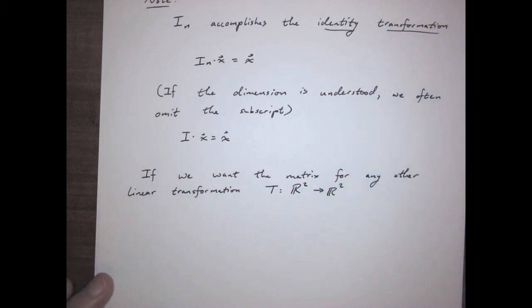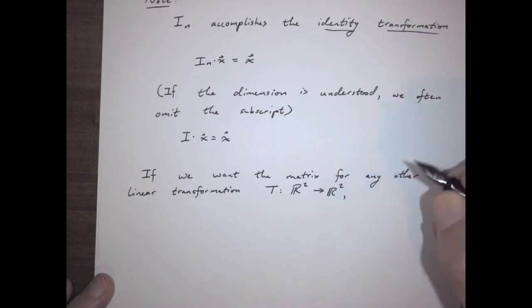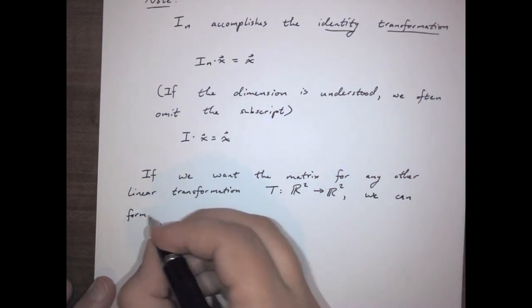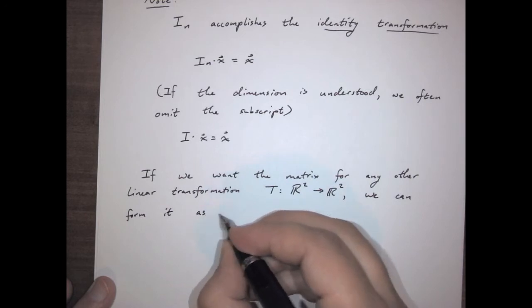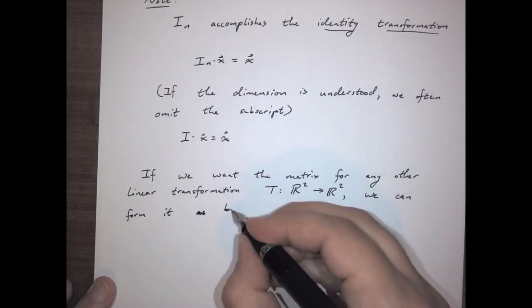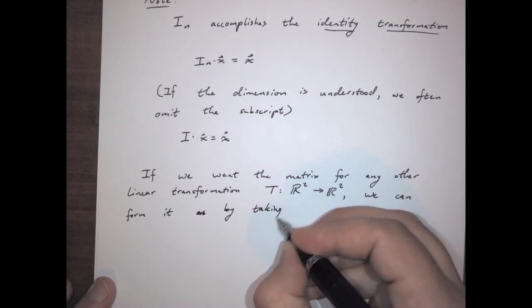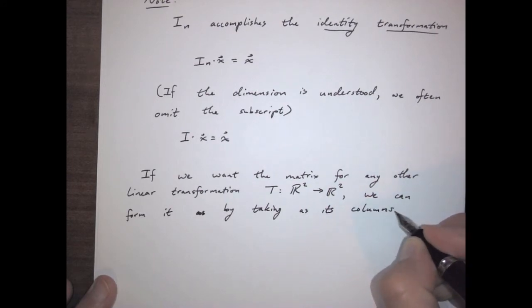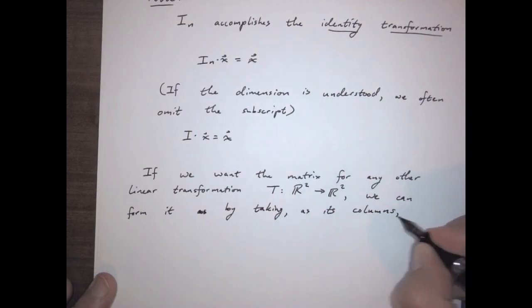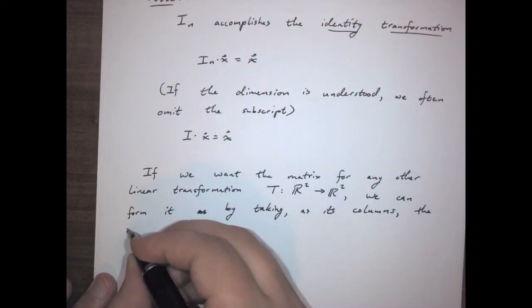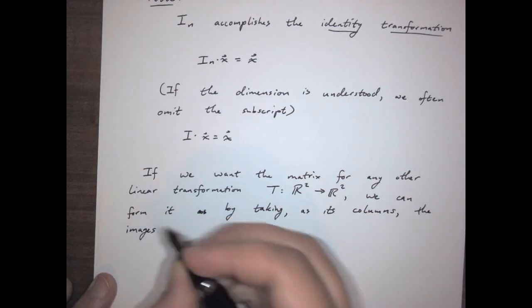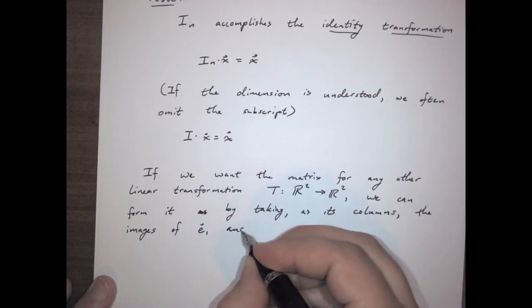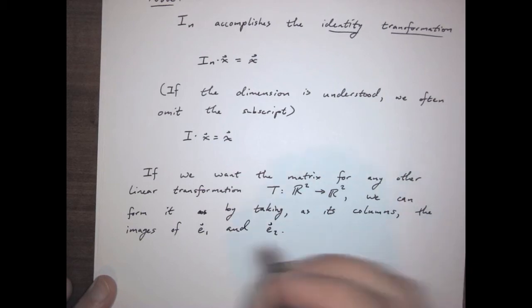So if I want the matrix for any other linear transformation from R2 to R2, we can form it by taking as its columns the images of E1 and E2.